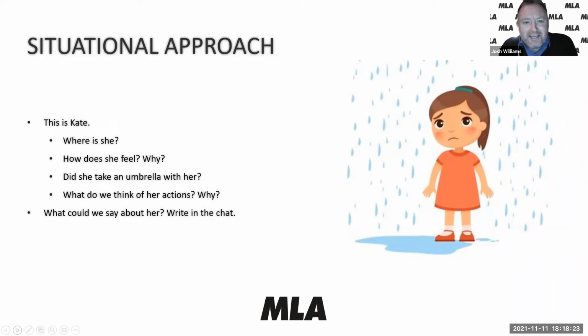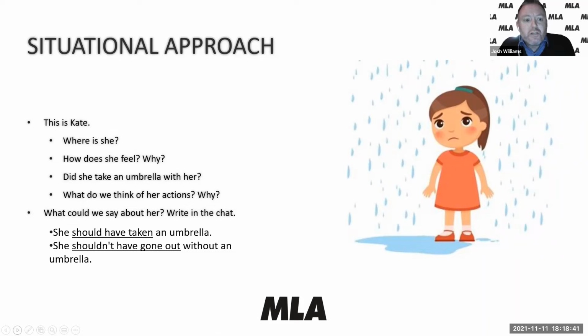She's going to take a taxi, maybe. She's left it at home. So what you could say is that maybe she should have taken an umbrella, or she shouldn't have gone out without an umbrella.